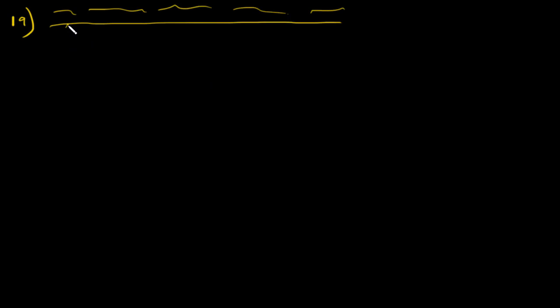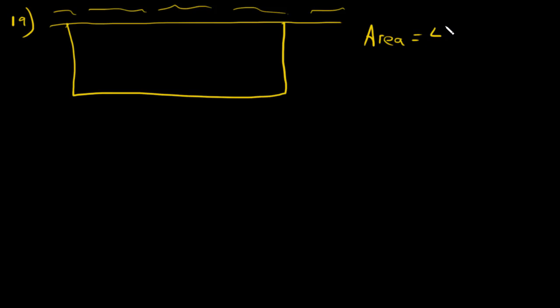So the problem is that you have some person wanting to build, so this is water right here. It looks more like a road, but that's water. They want to build a rectangular fence, and it gives you that the area that the fence has to encompass must be 405,000 square meters.